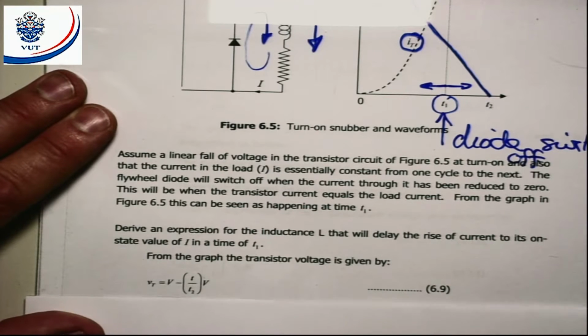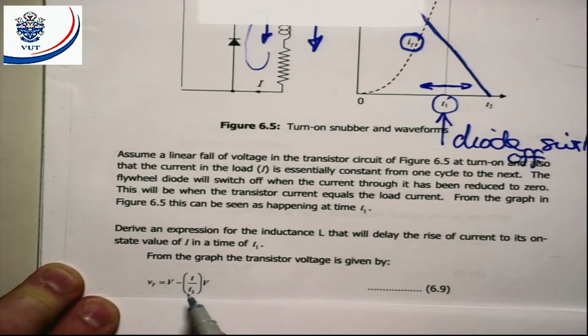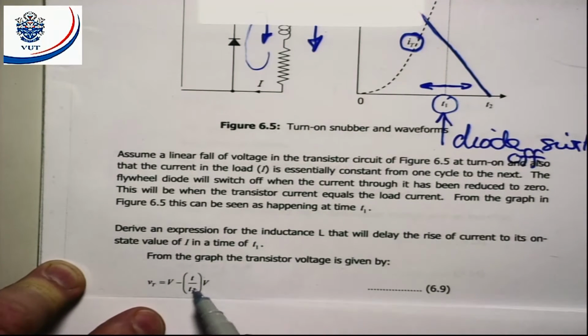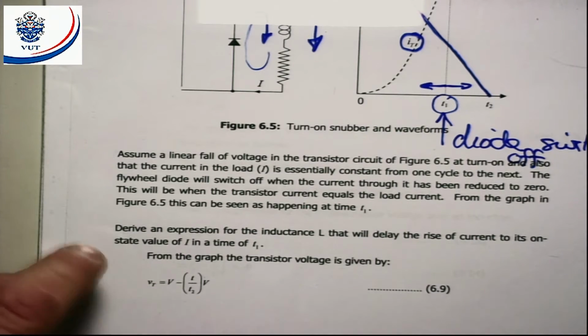So from the graph of the transistor voltage, we have that Vt is equal to V minus T over T2 times V. And you understand where it comes from? Because we've just done it for the current, and then the current had the linear fall, and our equation is y is equal to mx plus c.